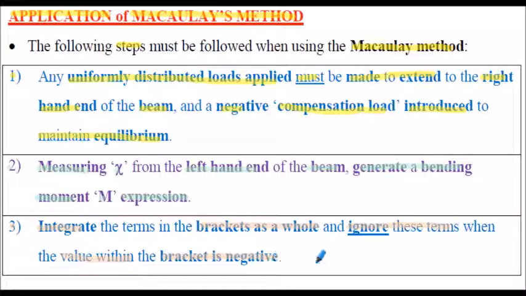That doesn't obey our general algebraic rules, but in this particular case, using step functions, we must adhere to that approach. Whenever the value inside a square bracket becomes negative, we must ignore the bracket from our calculations. You'll see the applications of these steps later on in the video.